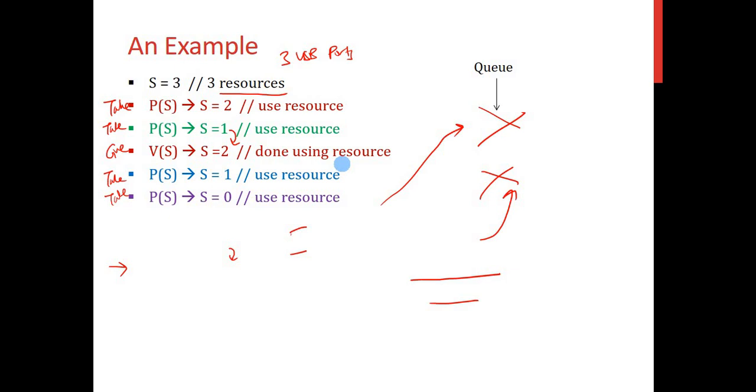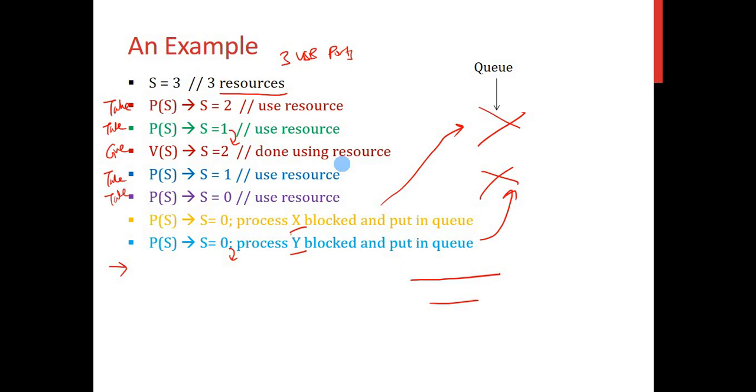Now once the resource count is 0, which means that you have no more resources, when a task tries to take the semaphore at this time, what will happen? It will get blocked. Similarly, process Y will get blocked again because it also tries to take when there are no more resources available, until somebody releases the resource.